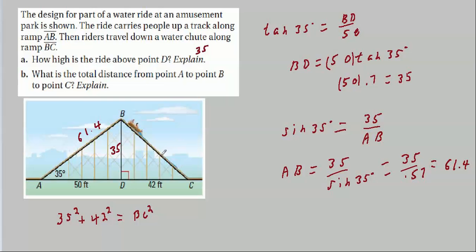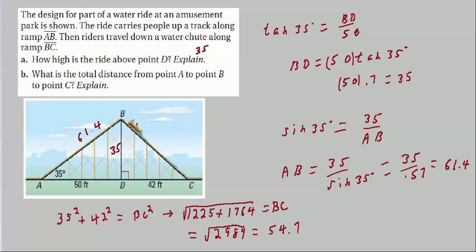Now, if we use Pythagoras' theorem here, 35 squared plus 42 squared, this implies that the square root of 1225 plus 1764 is BC.